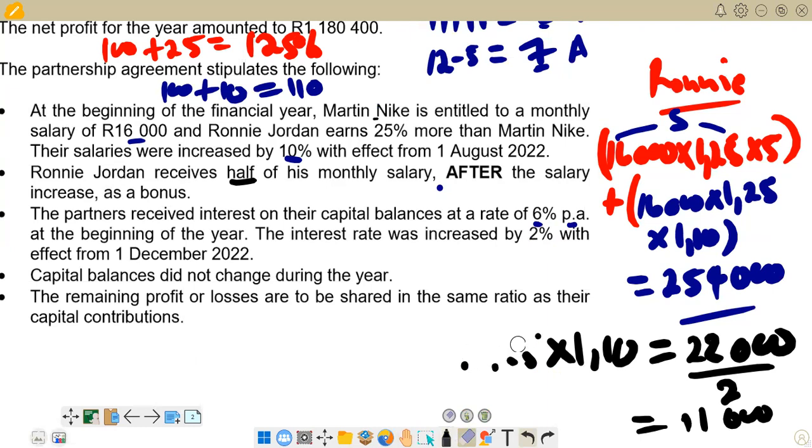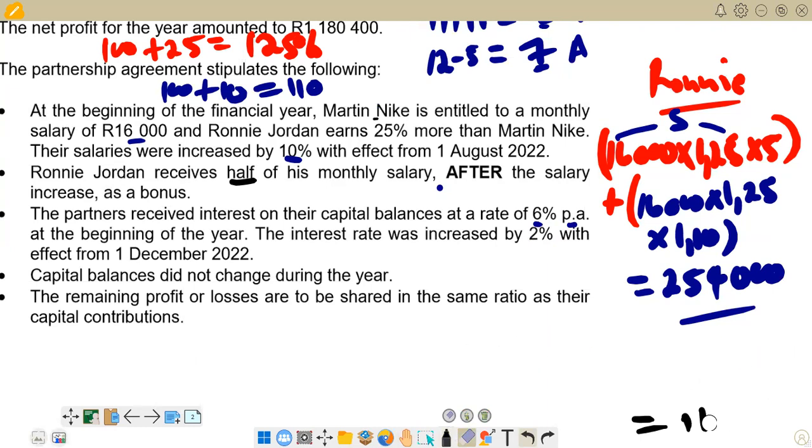So we can just go back again to the instruction in terms of interest on capital and see what it requires us to do. So if you come here now, explanation of interest on capital, remember, point number 3: the partners received interest on their capital balances at a rate of 6% per annum at the beginning of the year. The interest was increased by 2% with effect from 1 December.